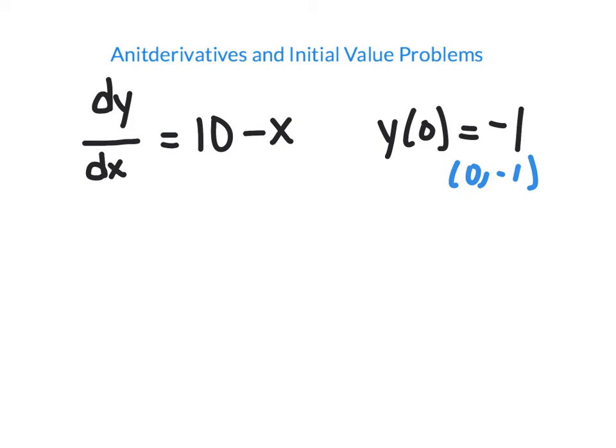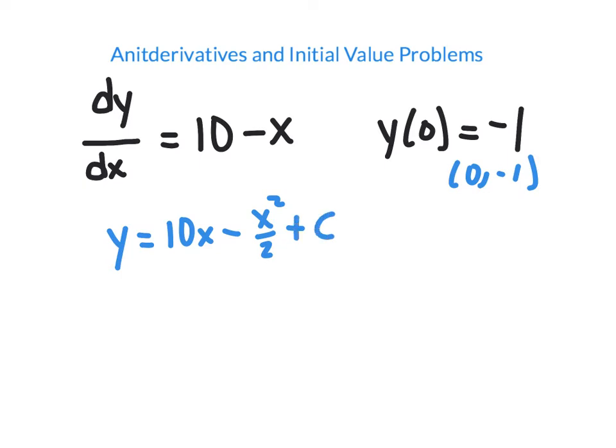The way you solve these problems is you find that general antiderivative, or the indefinite integral. In our case, the original function is y equals 10x, that's the antiderivative of 10, minus x squared over 2, which is the antiderivative of x, plus some constant c.